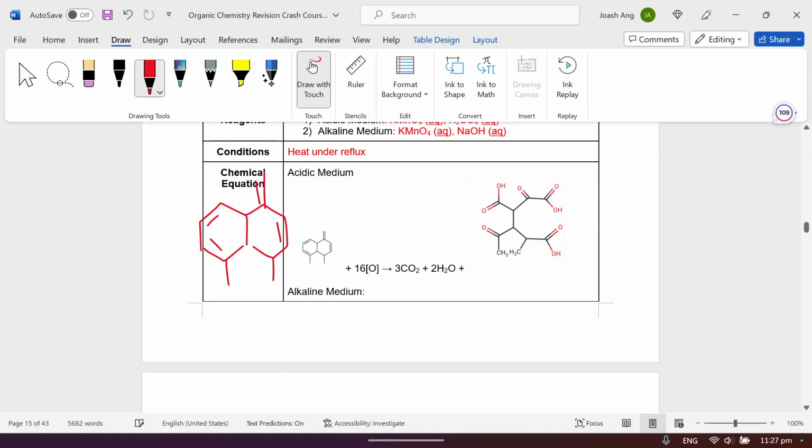So if I want to fully cleave both sigma and pi bond, I'll cleave at this part, this part, this part, and this part. And then we add oxygen to that double bond.